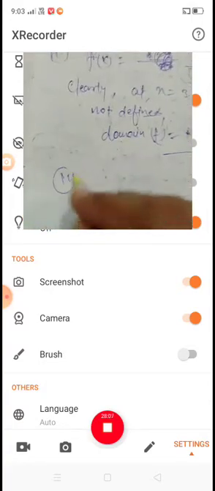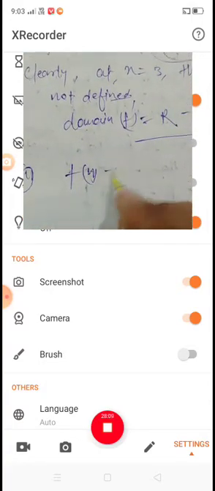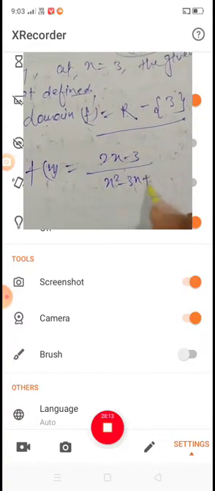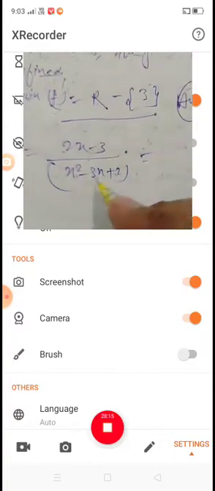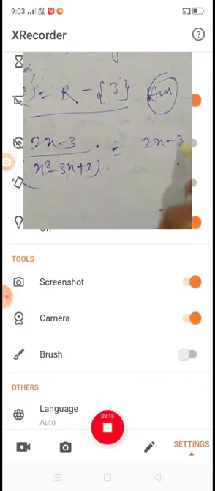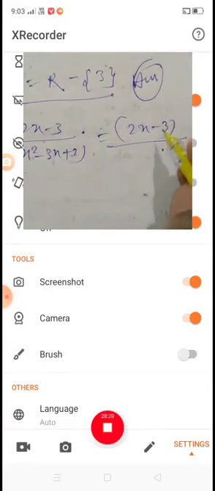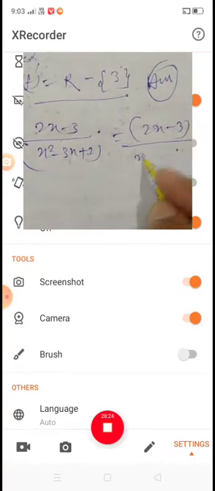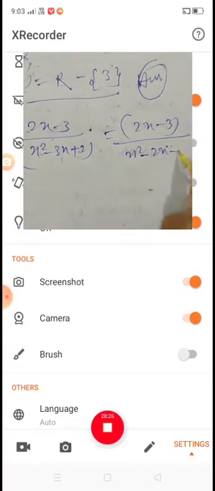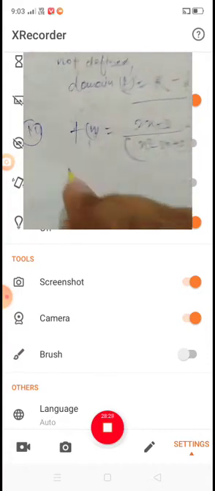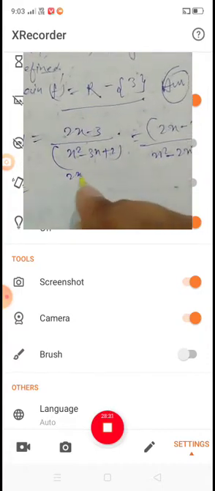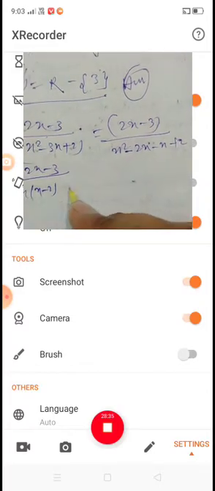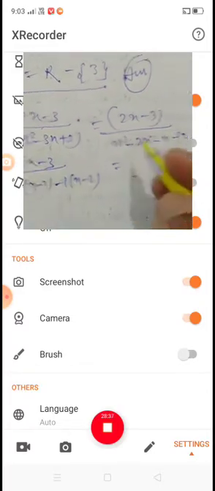Okay, similarly we take the third question. Your third question is f of x is equal to 2x minus 3 upon x square minus 3x plus 2. By the factorization method, when we factorize the denominator we get x square minus 2x minus x plus 2, so x is common, x minus 2, here minus 1 is common, x minus 2.